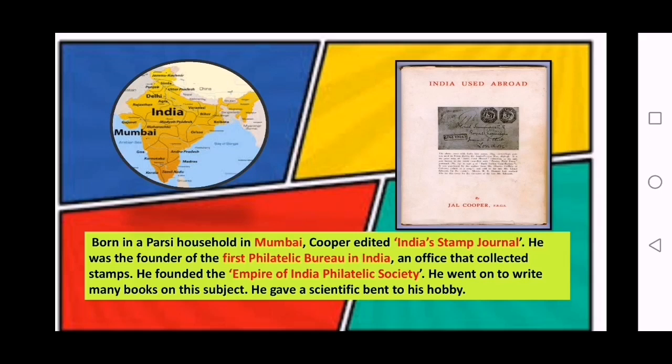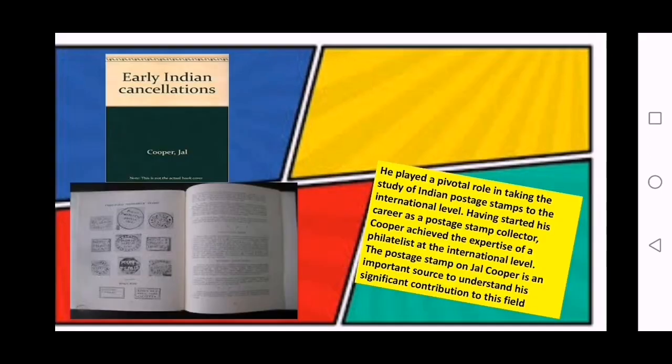He was the founder of the first philatelic bureau in India, an office that collected stamps. He founded the Empire of Philatelic Society. He went on to write many books on this subject. He gave a scientific bent to his hobby. Now here you can see in the picture the stamps collected by Jal Cooper and the book written by him.